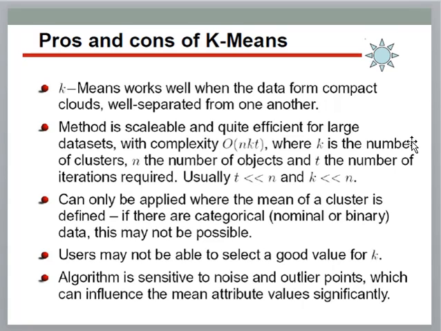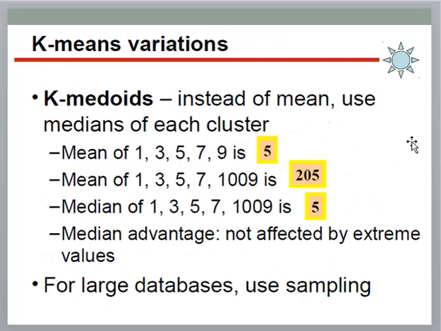And so if some noise or outliers are present in the data set, then the mean can be calculated wrongly, and it will affect the centroids of the cluster. And if the centroids of the cluster are not computed perfectly, then the clusters will not be accurate.